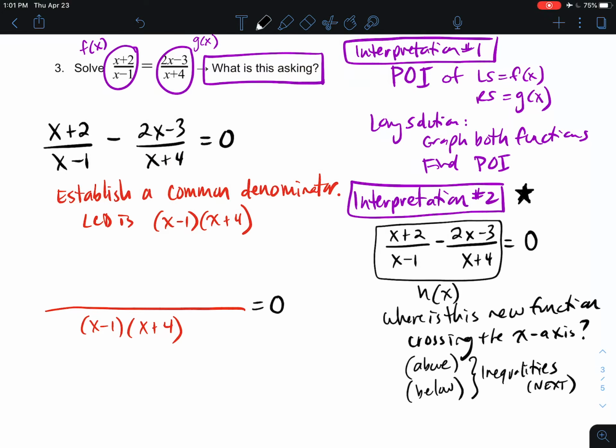And now I need to have multiplied both fractions by something. So I know in this one, the first expression, in order to get x minus 1 times x plus 4 in the bottom, I have to multiply the top and bottom by x plus 4. Okay, so that I'm still obtaining an equivalent fraction by multiplying the top and bottom by the same quantity.